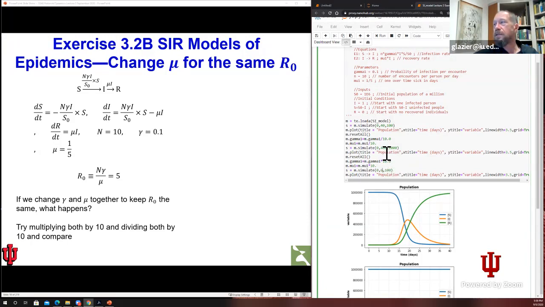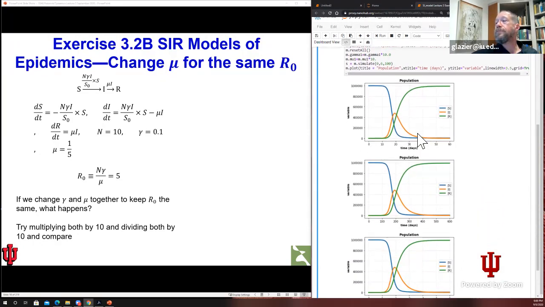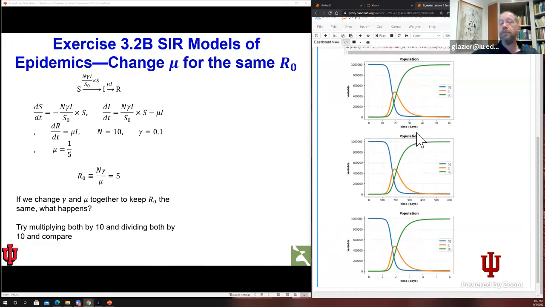Make it 6. 600 and 60. Run it again. Now they all look almost exactly the same.